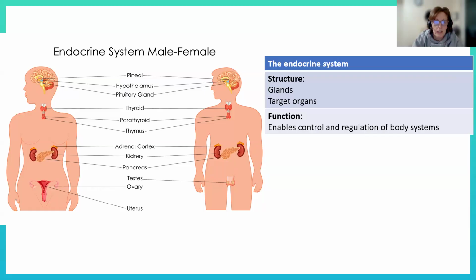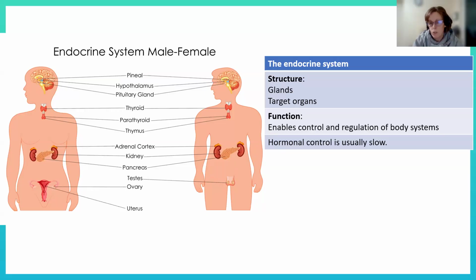What it does is it basically enables control and regulation of body systems. It's really varied in terms of what's being controlled, but it is control of levels of something or another. So hormonal control is usually slow.